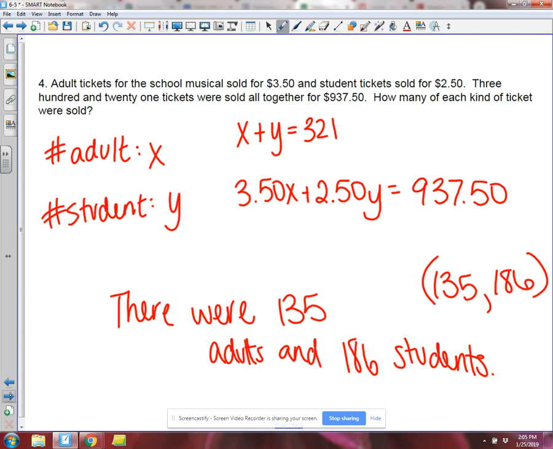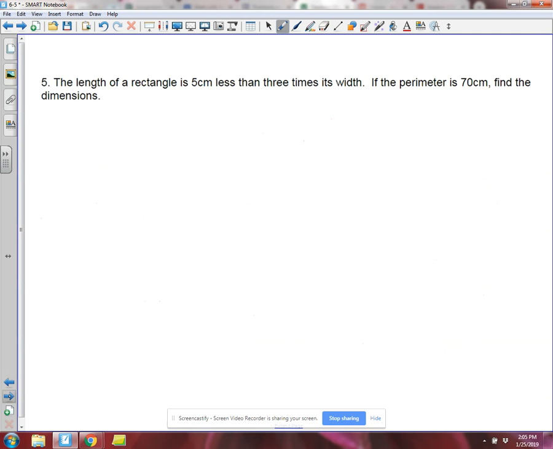The rectangle? Okay. Doing okay? All right. Unknowns, please, for number 5. Dimension, so that's length and width.